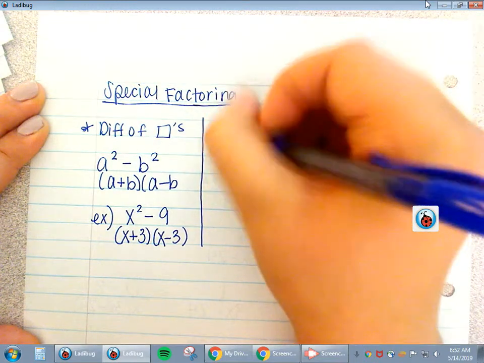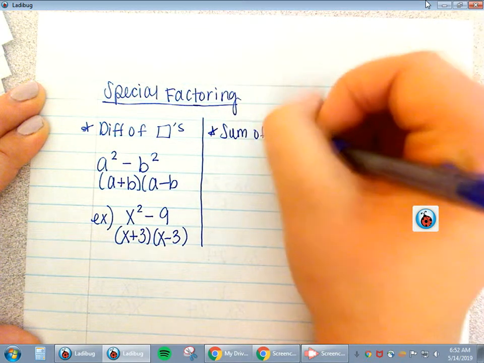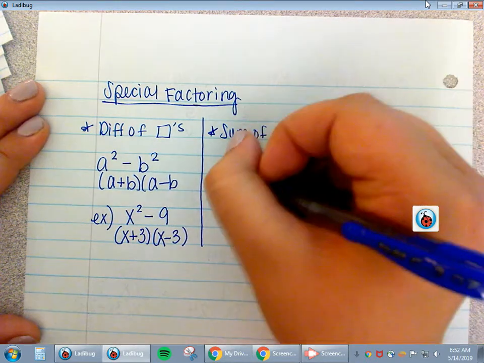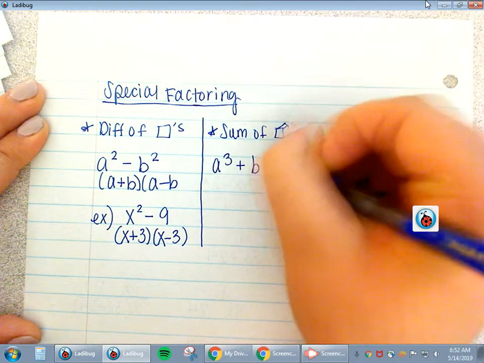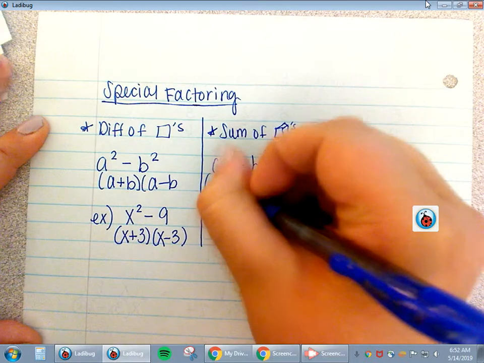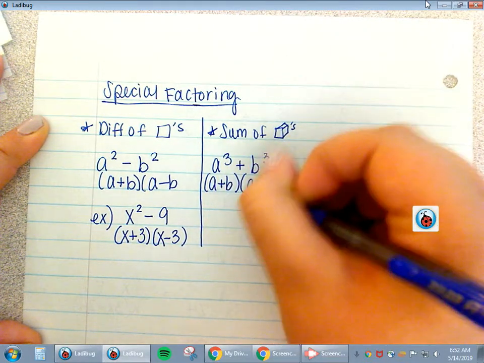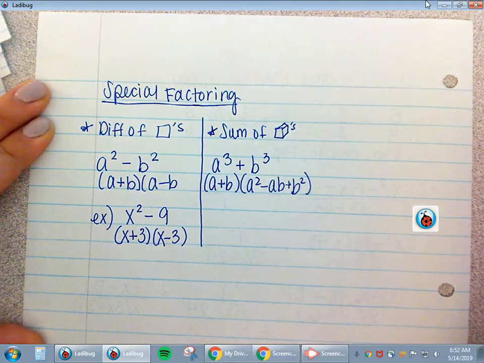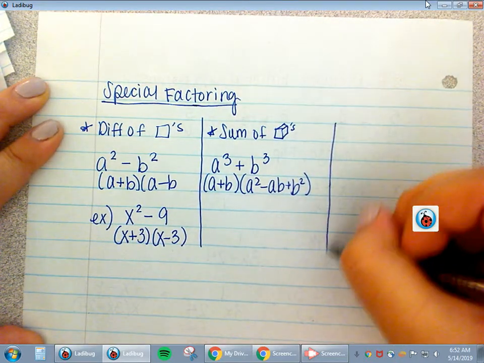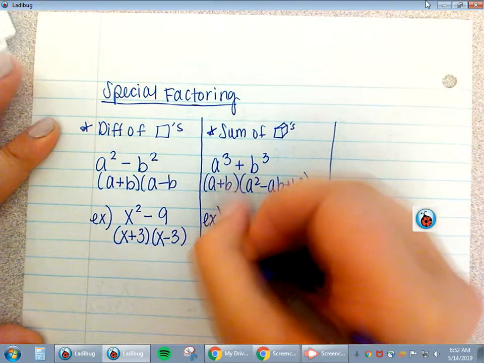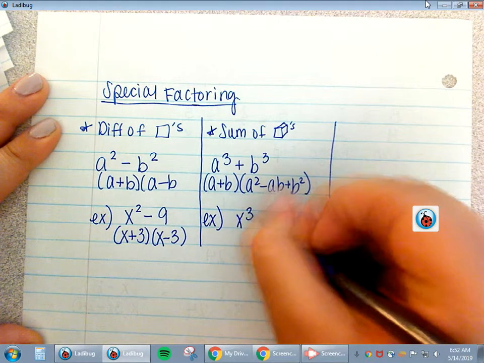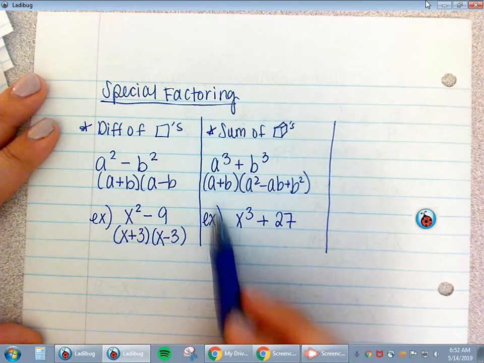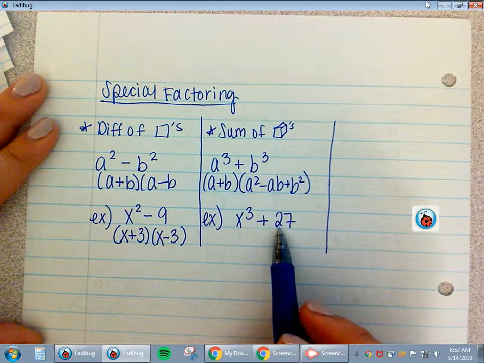The next one is sum of cubes. So sum of cubes, a cubed plus b cubed turns into a plus b times the quantity a squared minus ab plus b squared. And the last one, I guess we should do an example. So say we had x cubed plus 27. Our a term would have been x and our b term would have been 3.